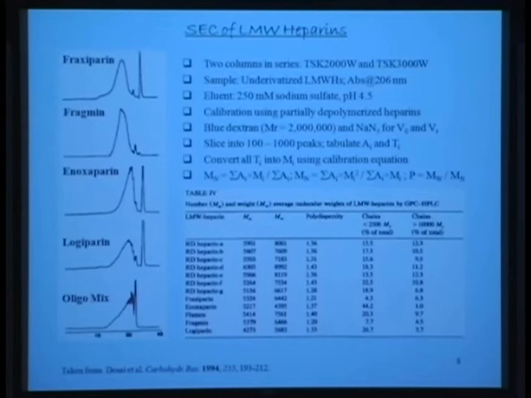So we are saying number of chains equals absorbance. There's a direct correlation. But number of chains times the molecular weight. Okay, so if there is one chain i that has a molecular weight of Mi, then you add up all of those different chains and divide it by the total number of chains.